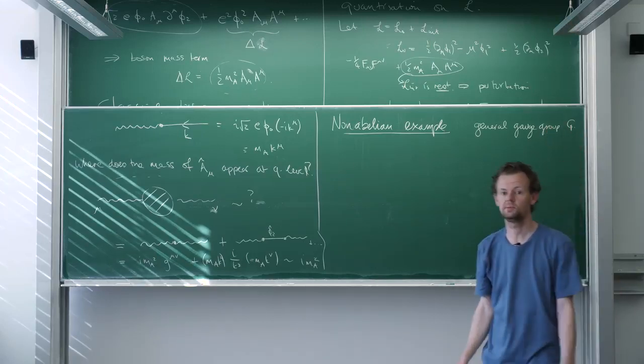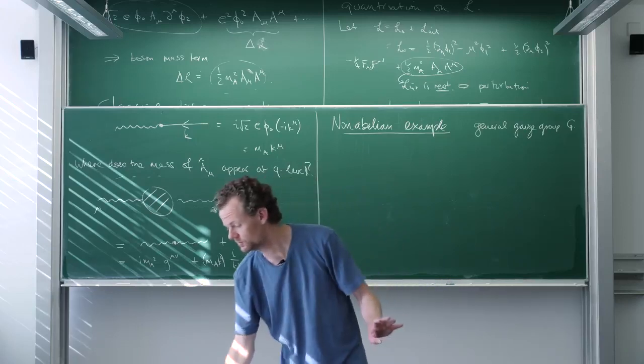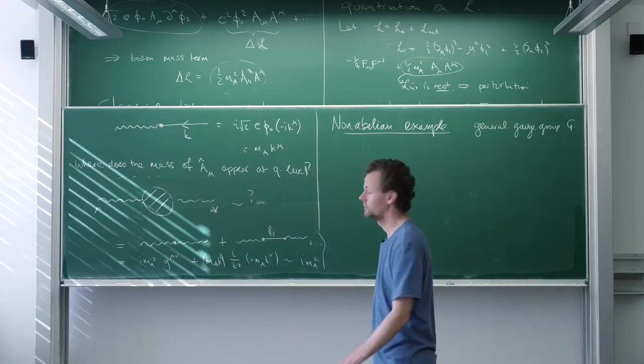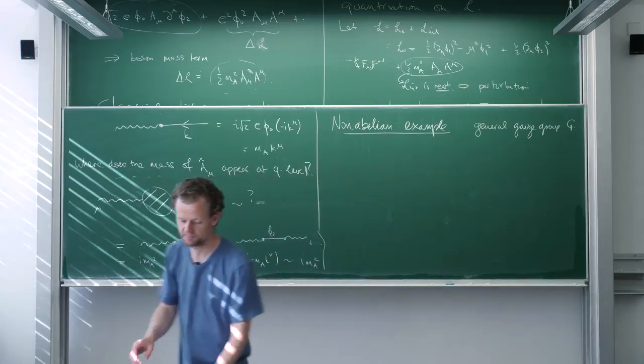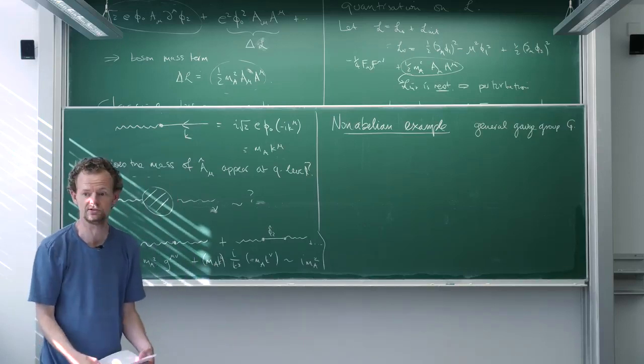So we're going to look at a general gauge group G, way more general than SU2. We're going to look at SU whatever, or SP or SL, or some completely general gauge group now.